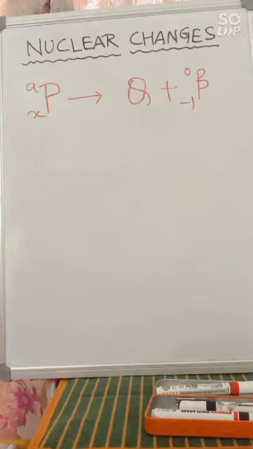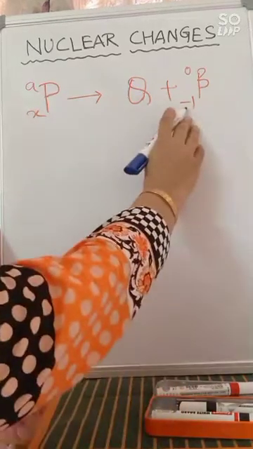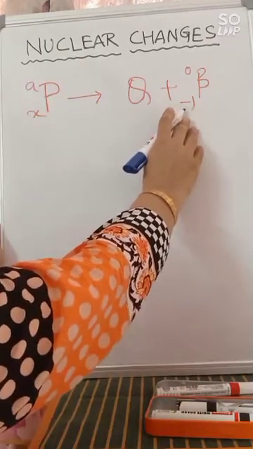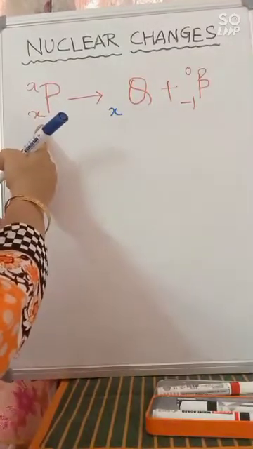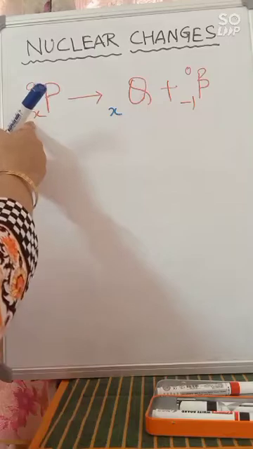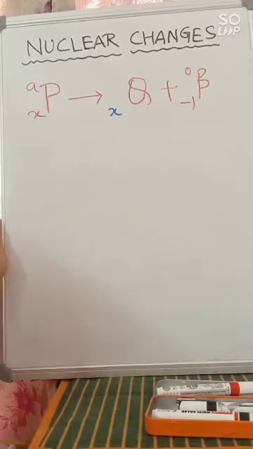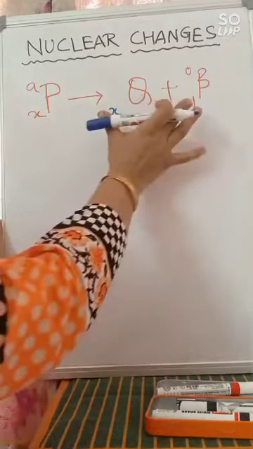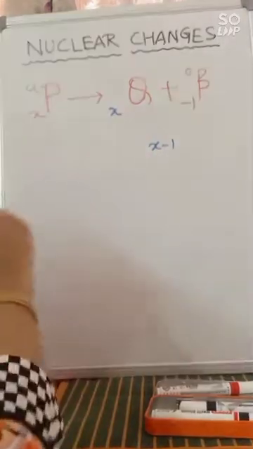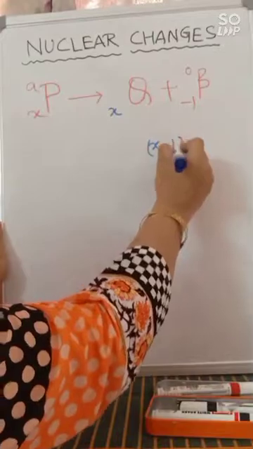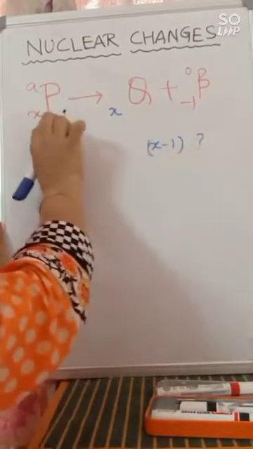And on the right hand side, if you see here, it is -1. It means what should be added or subtracted from X so that I get the same number X here on the left hand side, right? So this becomes X minus 1. What treatment should be done to this to get X?